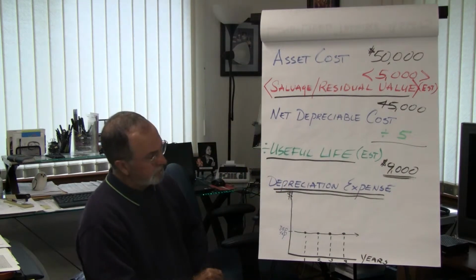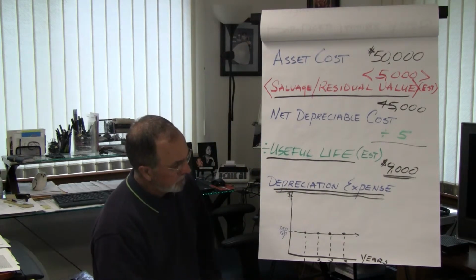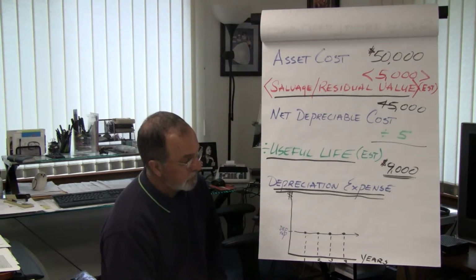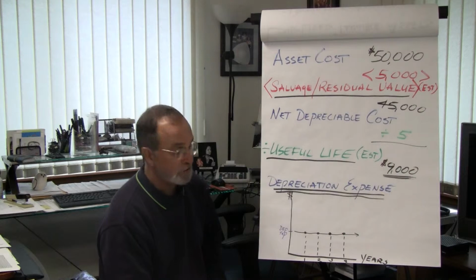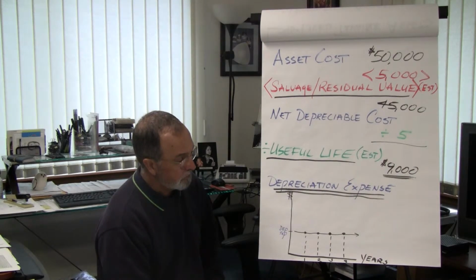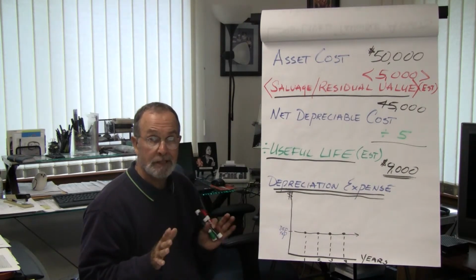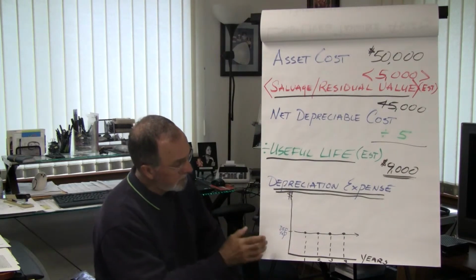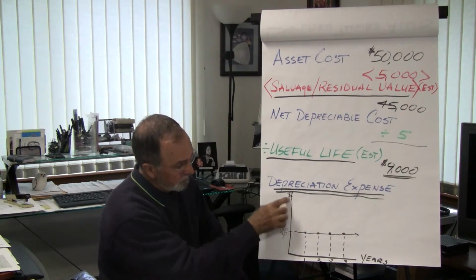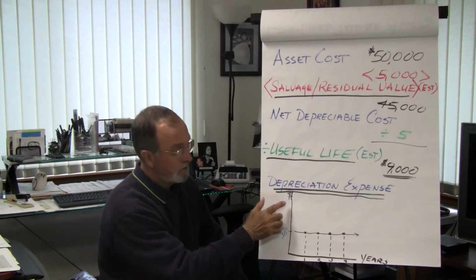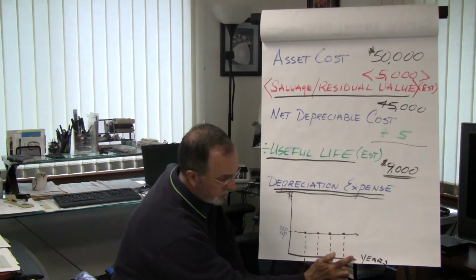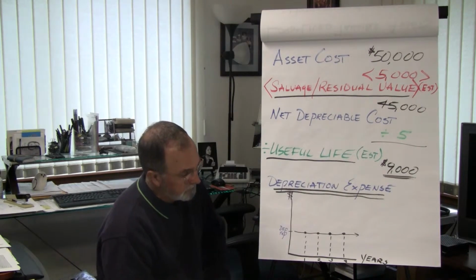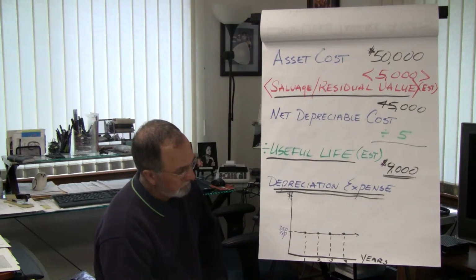The last thing I have here on the bottom of this sheet is a graphical representation of straight line depreciation. The reason we call straight line depreciation straight line is because when we graph it, on our vertical axis we have dollars, and on our horizontal axis we have time, or years in the case of the asset useful life.